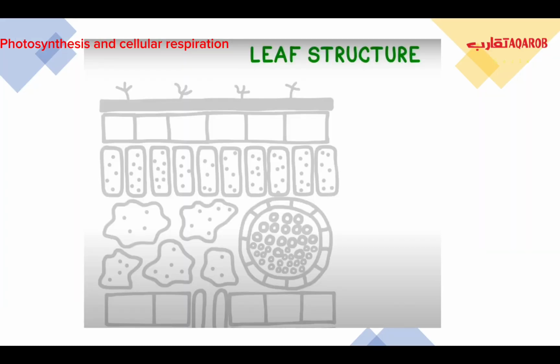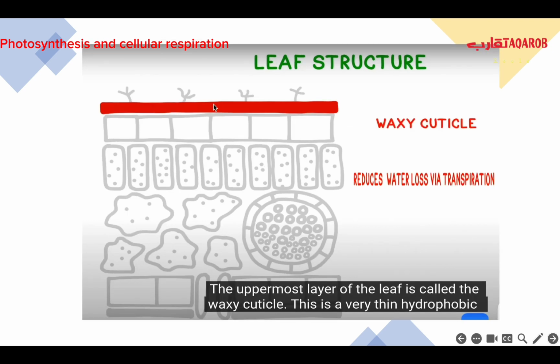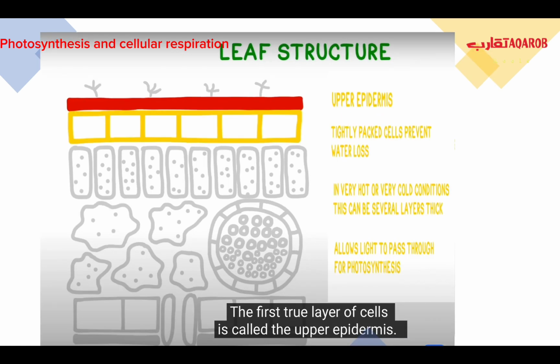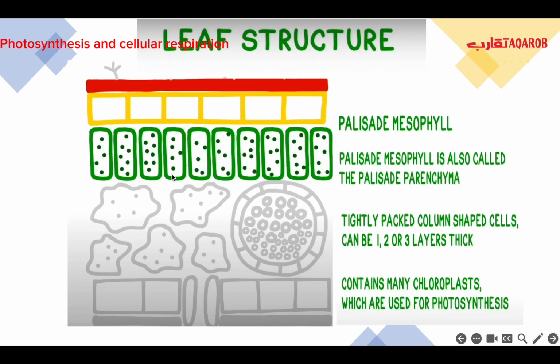Now this is the leaf structure. We have the first layer, the waxy cuticle, to reduce water loss. Also we have the upper epidermal cells, packed together. Also we have the palisade mesophyll cells, packed together to expose more light.